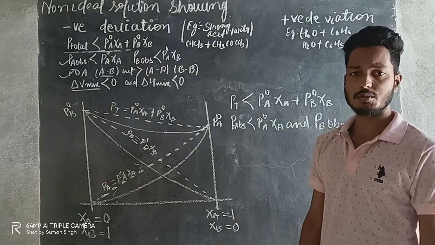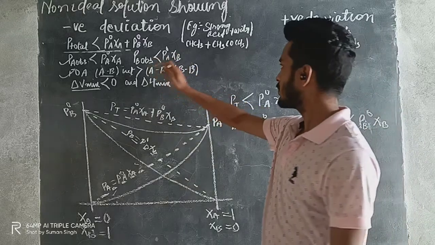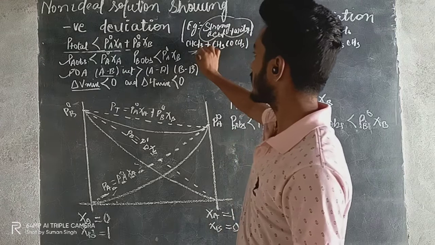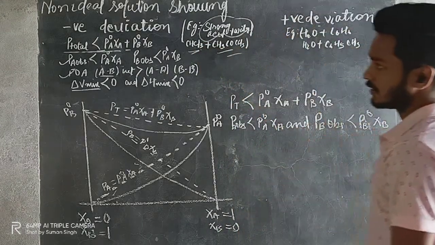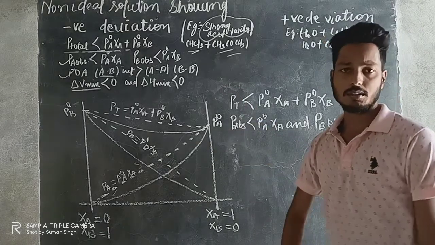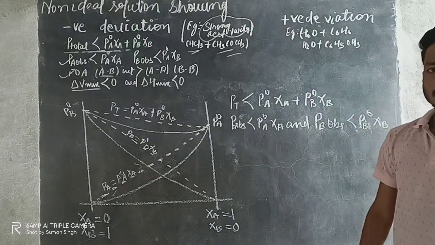I hope all of you have understood this, right? Let's take an example: a strong acid and water, or chloroform and CH3COCH3. These are some of the examples which you have to keep in mind while doing this. I hope it is clear, right?